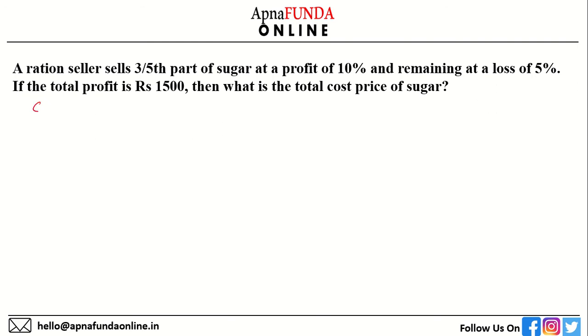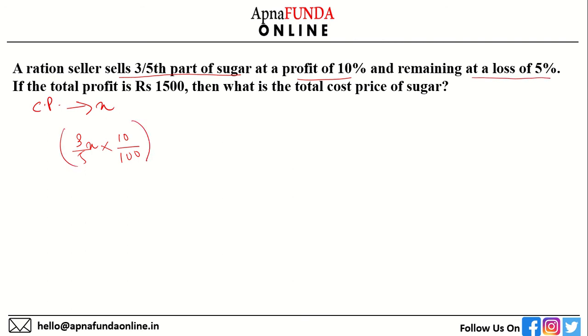Let the cost price be X. So the first expression that we see is he sells 3/5 of the sugar at a profit of 10%. Okay, so that means 3/5 sugar at a profit of 10%. Correct? And the second is remaining at a loss of 5%.